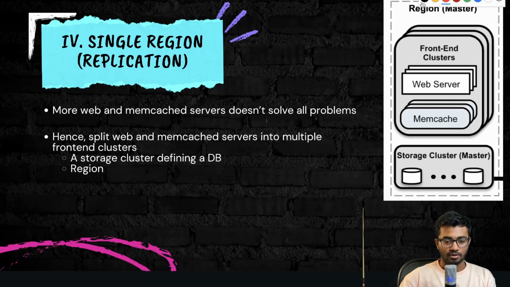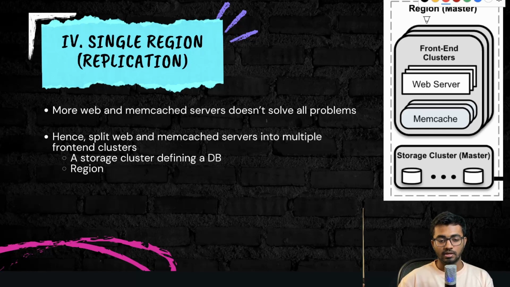So let's talk about this. I hope you can see this. This is the whole region. Ignore the master word here. When we talk about regions, a region consists of multiple clusters. Each rounded rectangle you see is a front-end cluster. Each front-end cluster has multiple web servers and multiple Memcache servers in it.